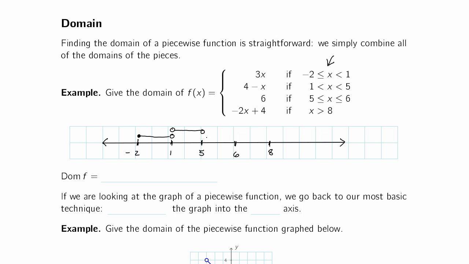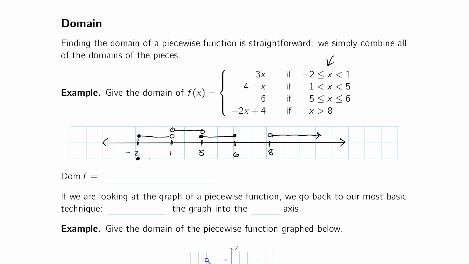My third interval includes 5 and includes 6 and includes all of the points in between. And then my fourth interval doesn't include 8, but it includes everything that comes afterwards.